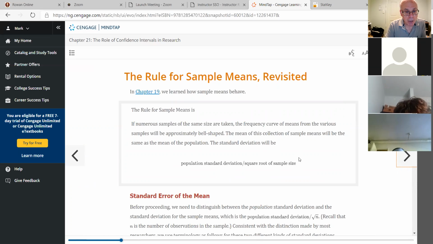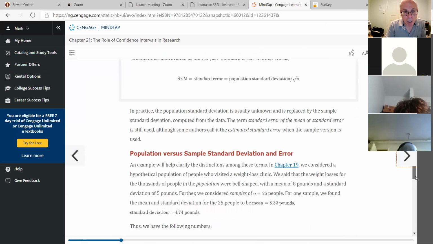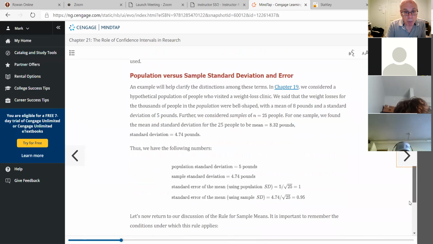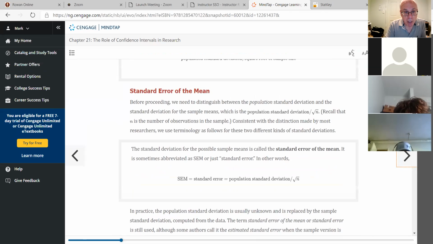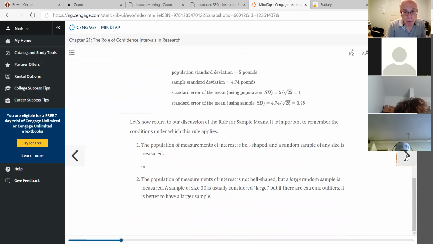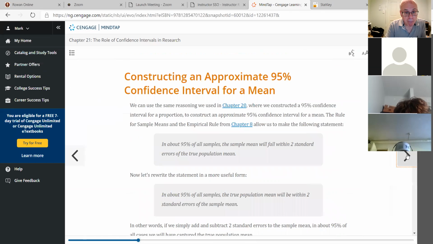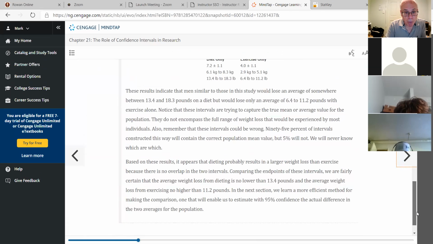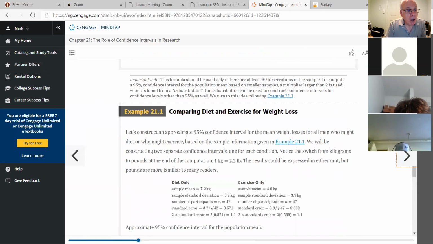They're telling you what the standard error is here: the population standard deviation divided by the square root of the sample size. Again, you don't need to know that, because we're not going to construct a confidence interval using that. Then once again, you're going to use a multiplier times that standard error, and that'll be your margin of error. That's the formula way of doing it. You can read through this, but basically it's the same idea with means as it is with proportions.